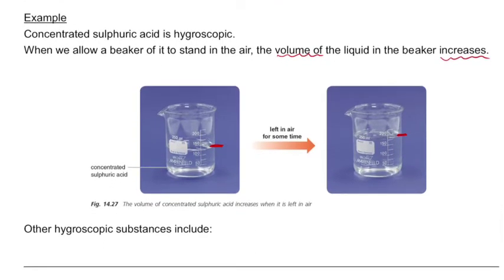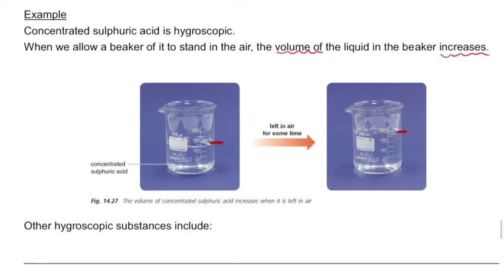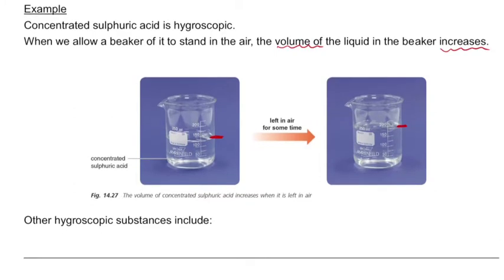Okay, and you need to note that usually a hygroscopic substance will stay in the same physical state. So if it's solid, after it absorbs water, it will stay as a solid.